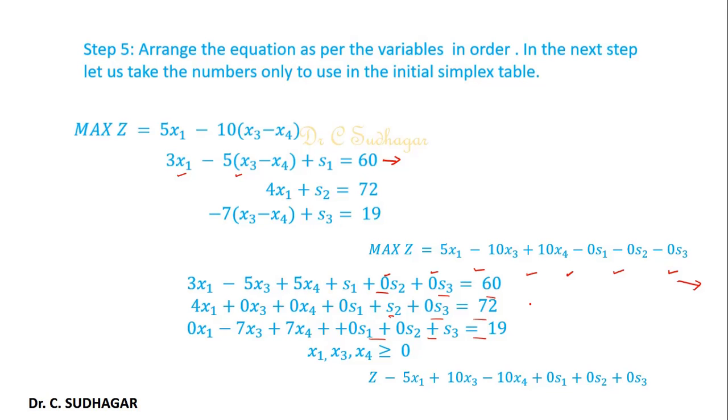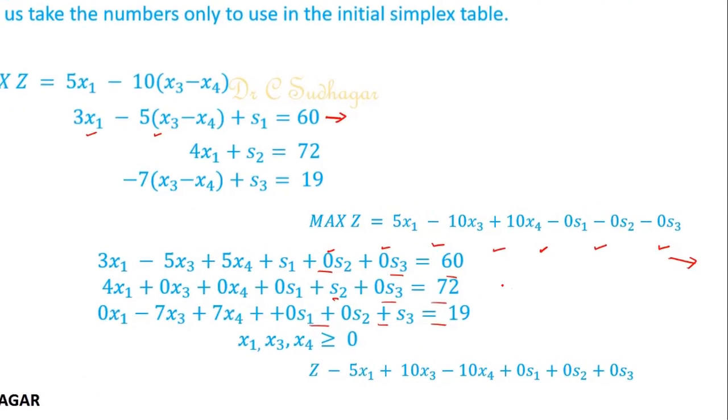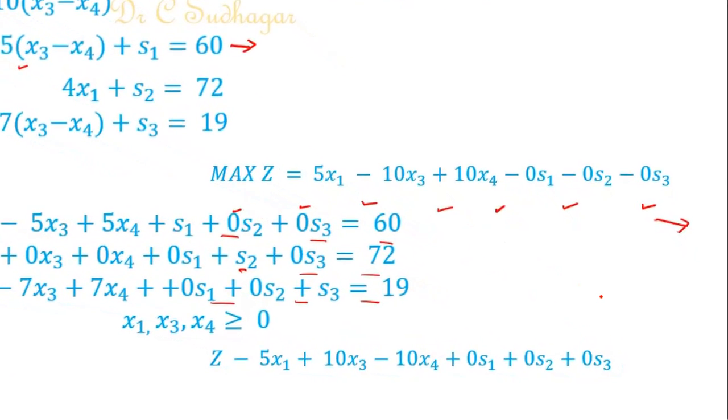Then I am going to make a small change to the objective function. For the objective function, bring all the variables to one side and keep the right hand side equal to 0.